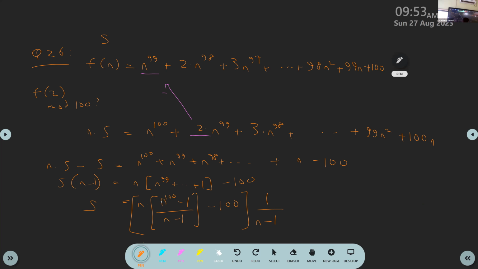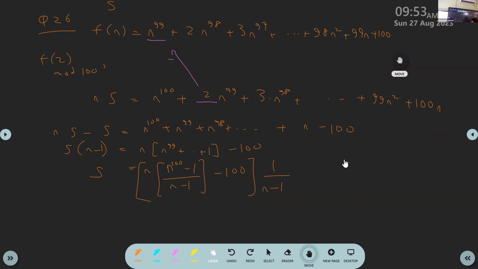So modulo 100, I can just say that f of 2 will be congruent to 2 times 2 raised to 100 minus 1. That's all right. Only this much. Everything else will go away.